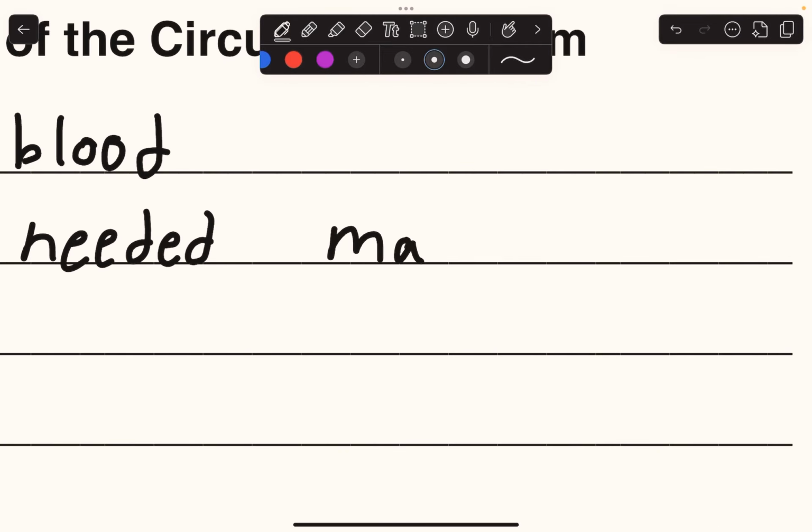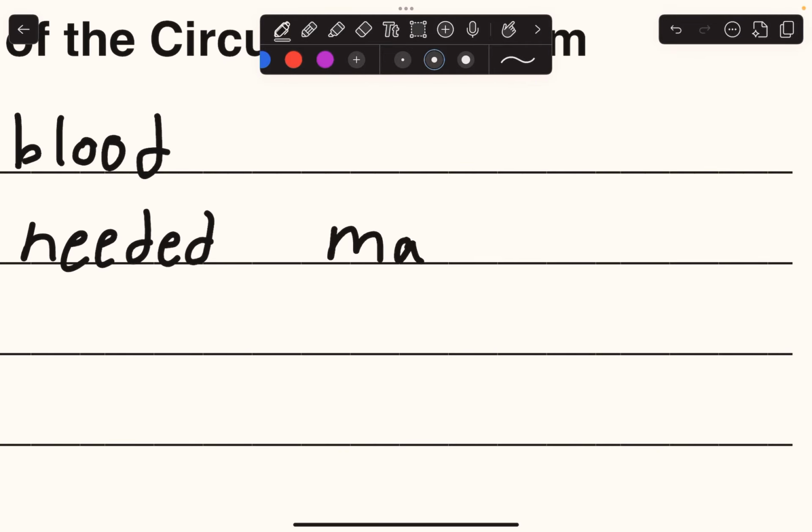Like, for example, when you eat something and it goes through the intestines, all the water and nutrients are removed from it and pumped into the blood. Now the blood takes that around the whole body.